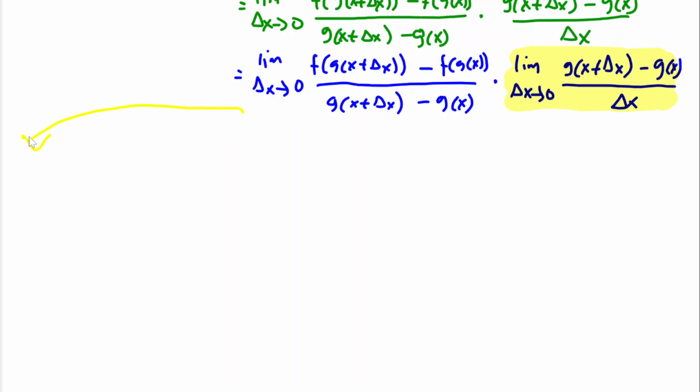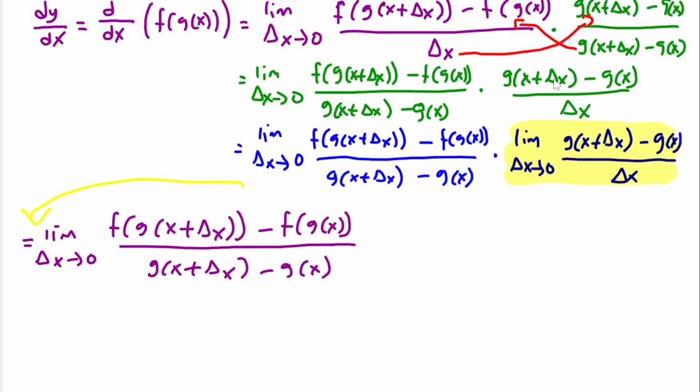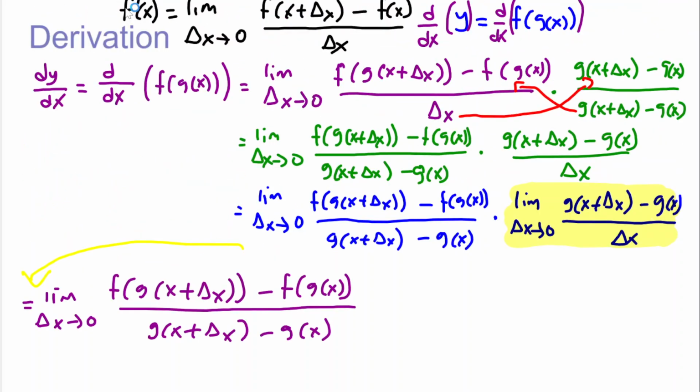It's going to be equal to the limit as delta x approaches 0 of f of g of x plus delta x minus f of g of x, all over g of x plus delta x minus g of x. And remember, we're going back to this: this is f prime of x.